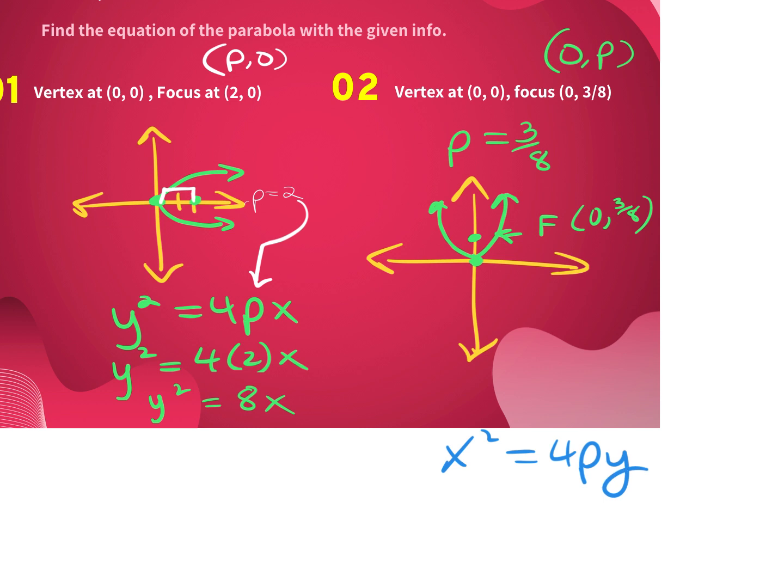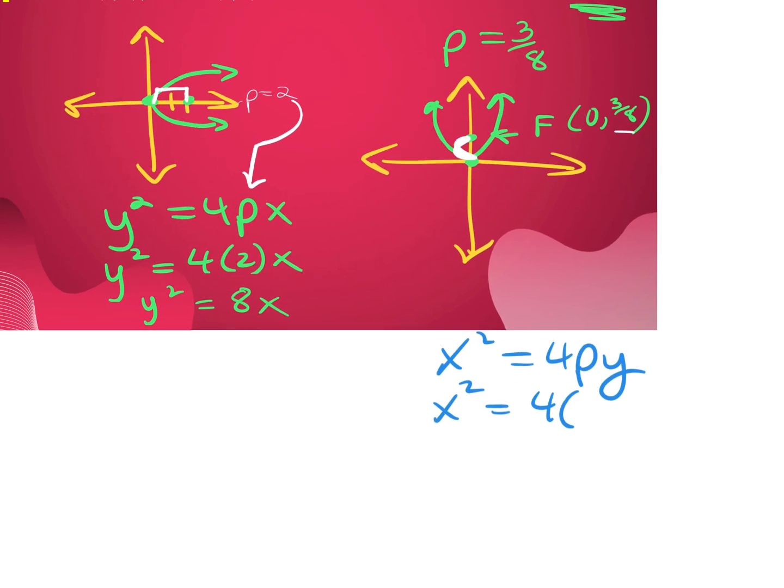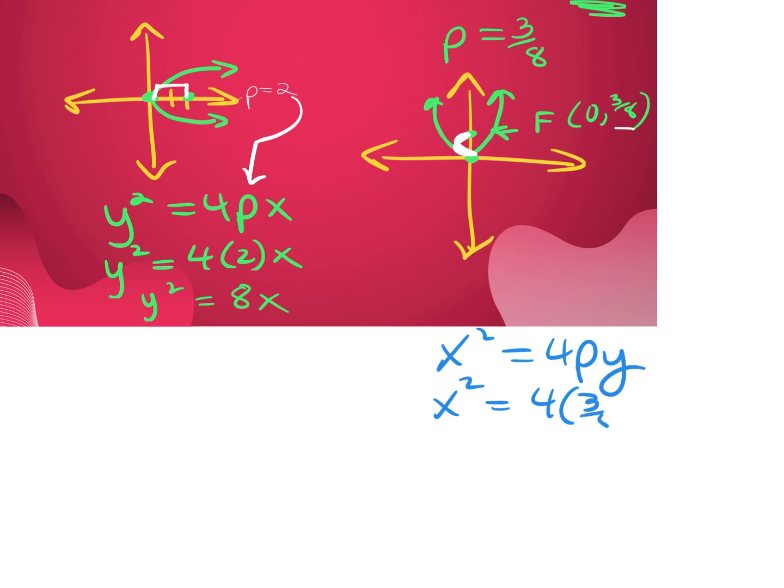So you can either get your p-value from right here or realize the p-value, the distance from the focus to the vertex, is just 3/8. So that's what I'm going to fill in here. And then multiply this.